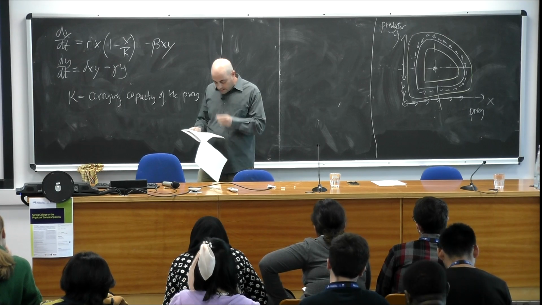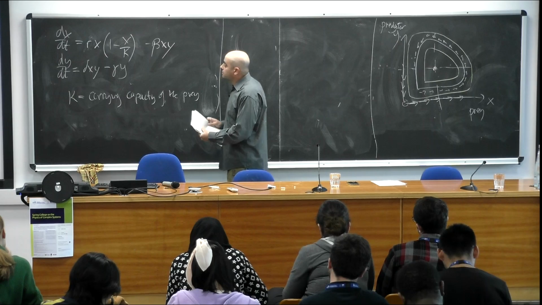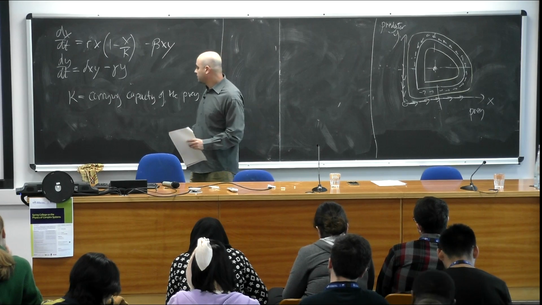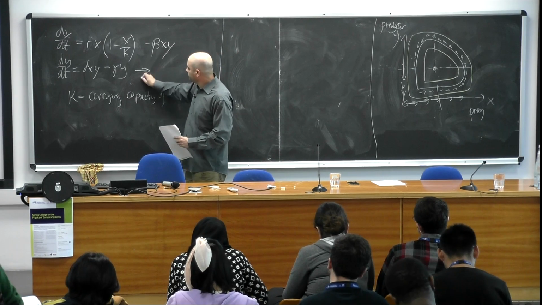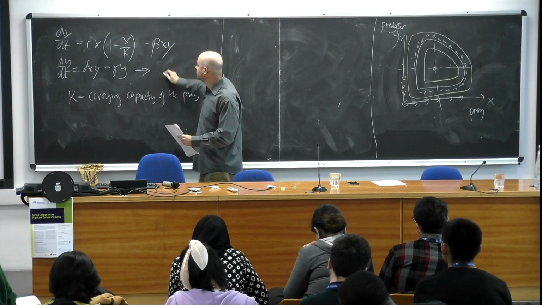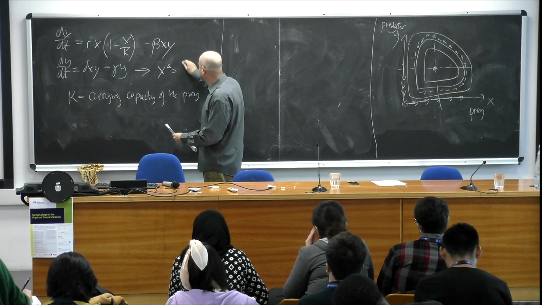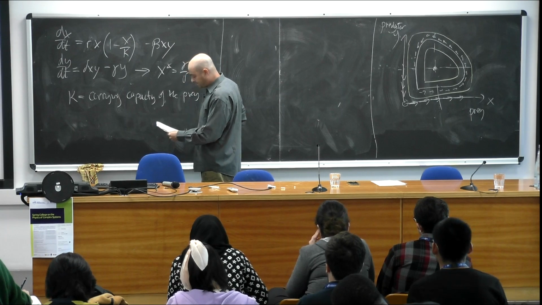So when you do that, this fixed point stays the same. dy/dt equals 0 still gives us an x star of gamma over delta.